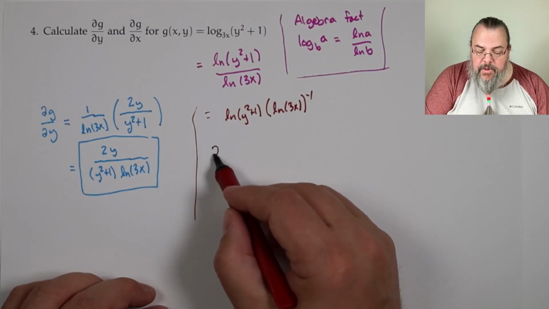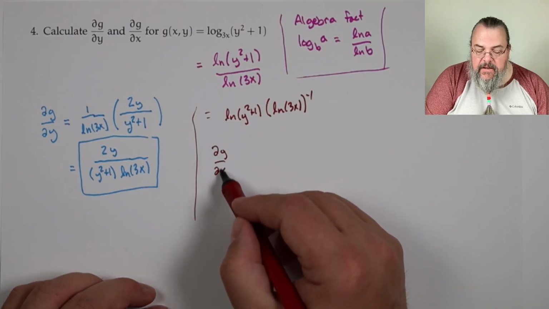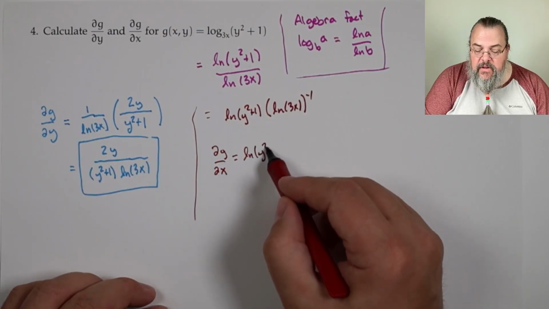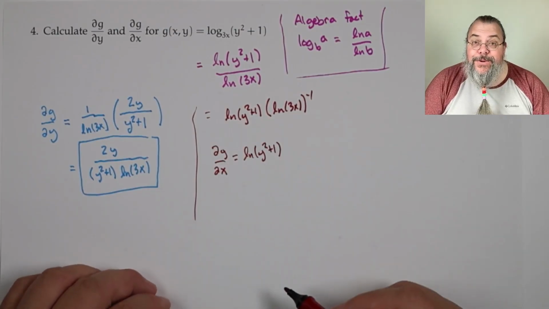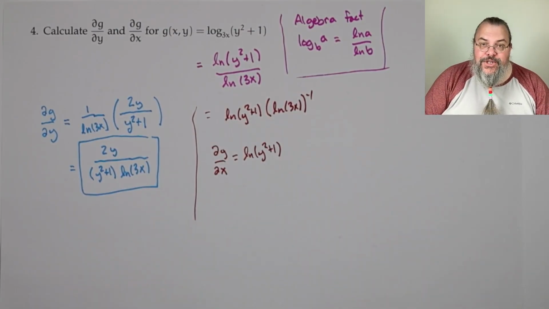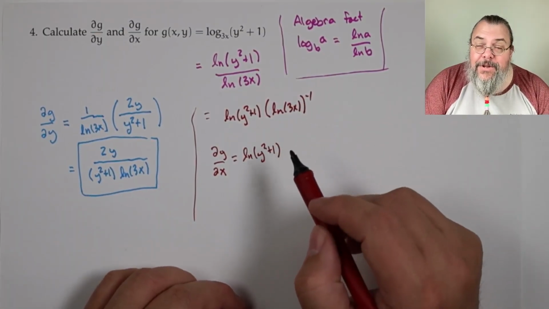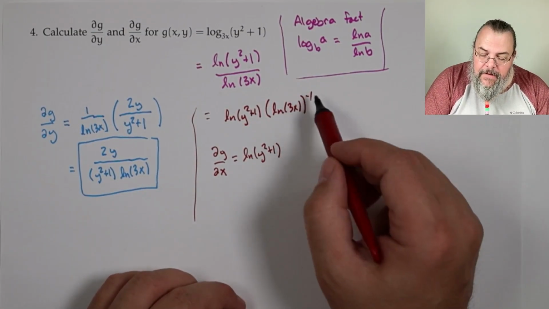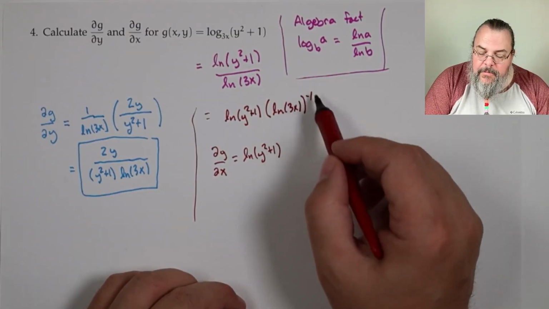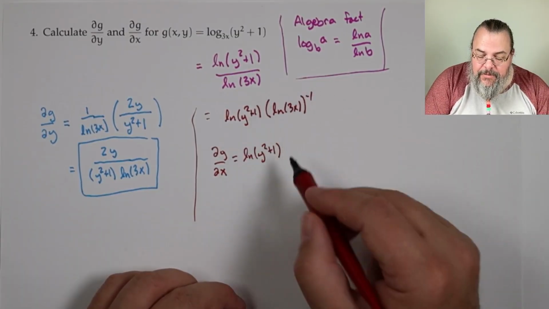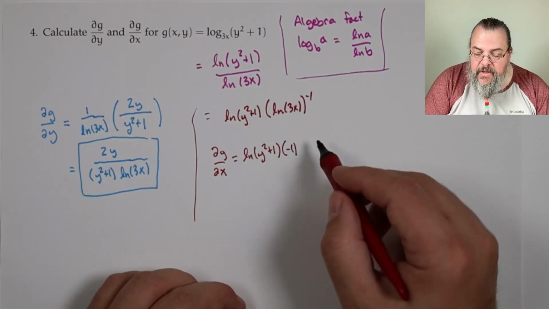So, partial g partial x, the log of y squared plus 1, that's a constant. And now we're going to do the chain rule. Chain rule. It's a great rule. Sometimes it's called the power rule. We're going to take that negative 1, bring it down. So there's a negative 1.